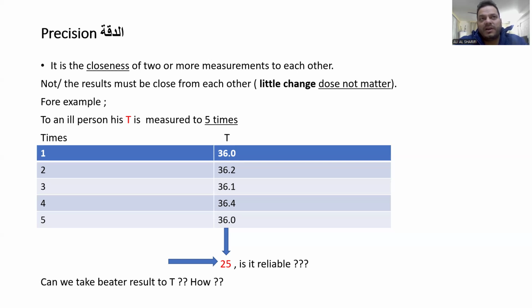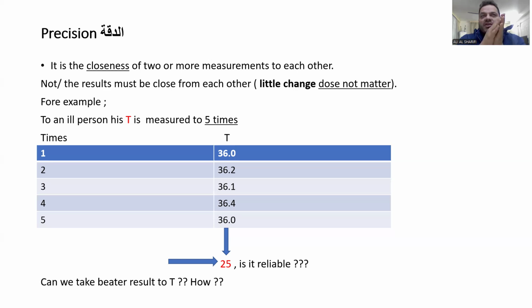For example, if he is ill, that means his temperature will be a little more than the normal number, a little more than 37. Or let's say, for the example below, 36. I said okay, that means there is some increase, but not too much to be reliable.